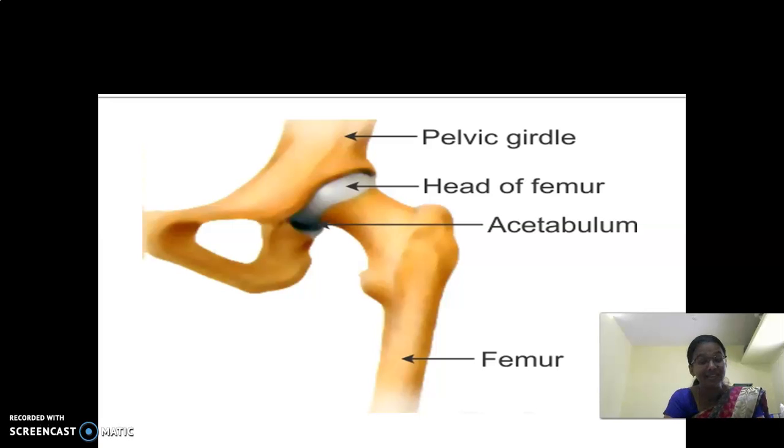We have 650 muscles, 187 joints, and human beings have 206 bones. Our bones are made up of calcium. Newborn babies have more than 300 bones.